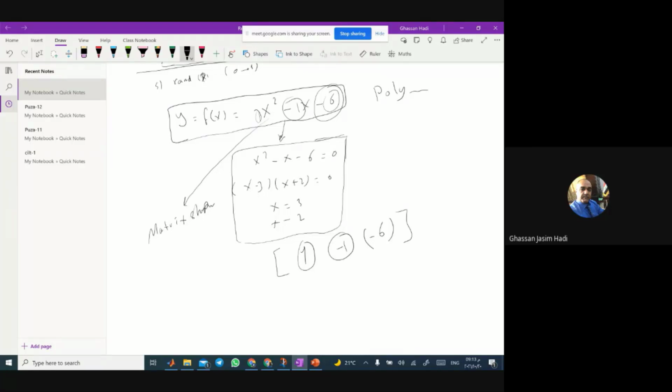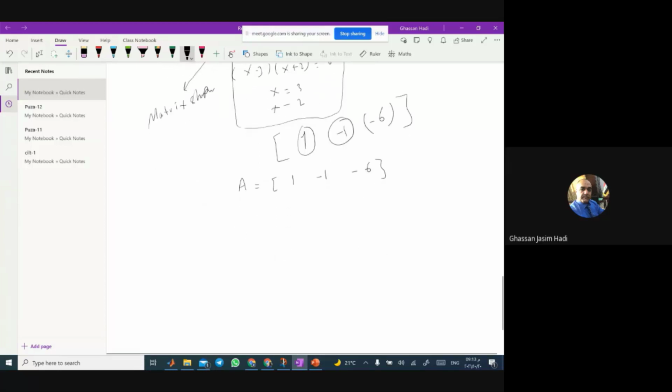I have to put A, for example, A equal 1 space minus 1 and minus 6. He will take it as a matrix, and this is the coefficient of x squared, this is the coefficient of x, and this is the constant number c.